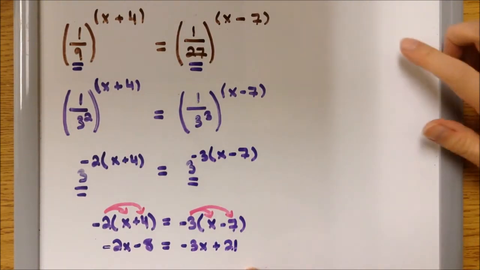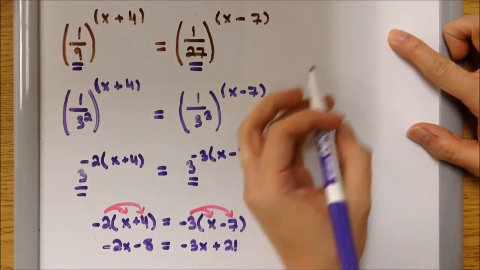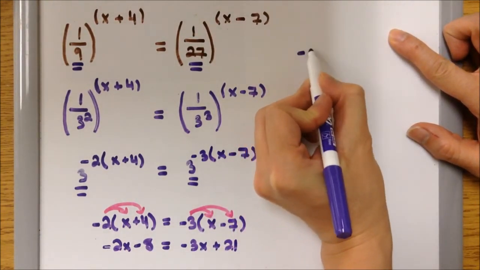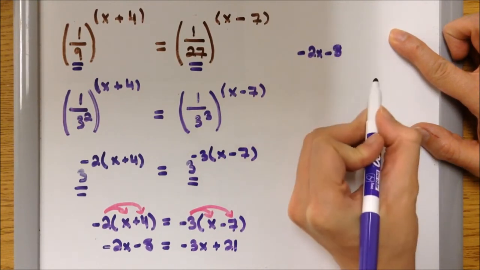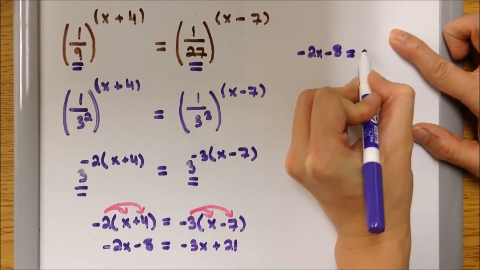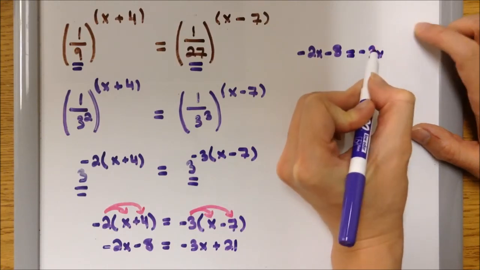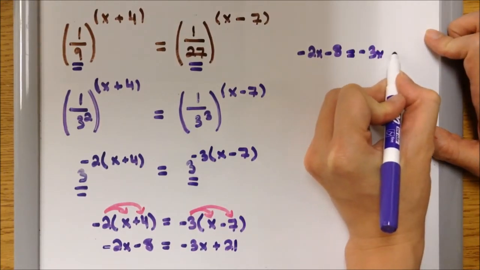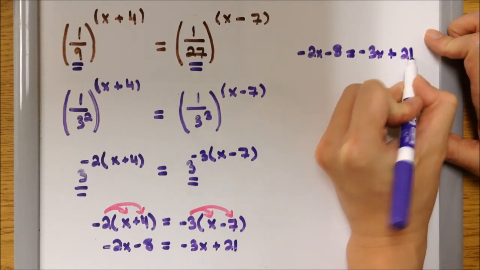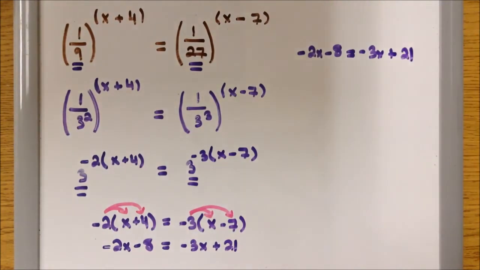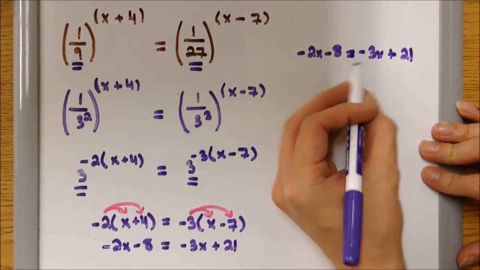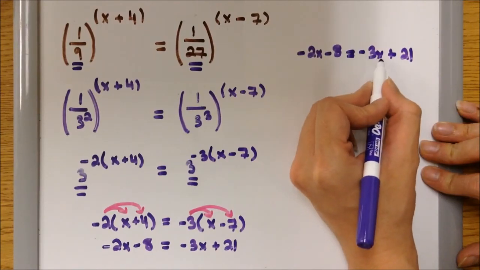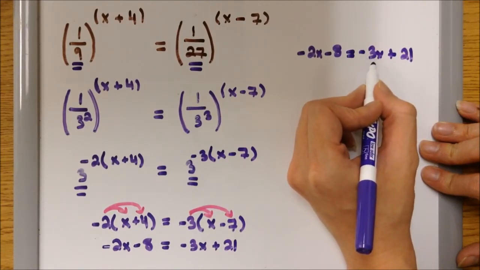Alright, now I'm going to bring the work over here since I ran out of space. So it's negative 2x minus 8 equal negative 3x plus 21. Alright, now say I want to get all my x's on the left side. So I'm going to do this step by step. What I'm going to do is get rid of my negative 3x on the right side.